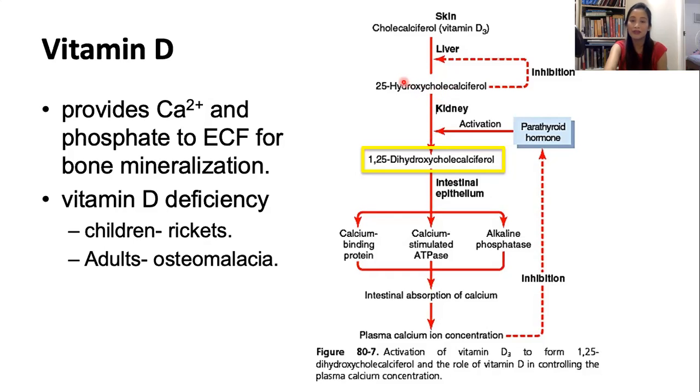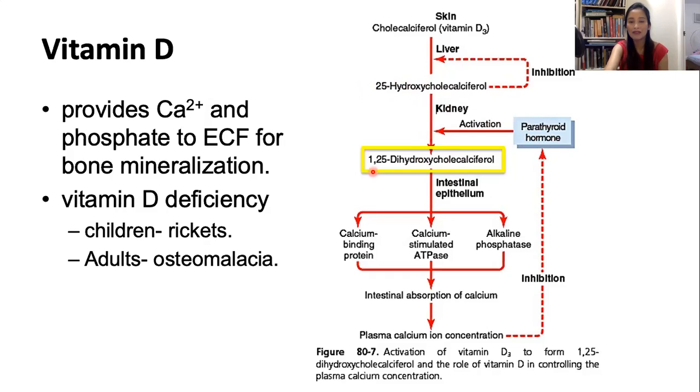It becomes 25-hydroxycholecalciferol through the action of 25-hydroxylase. And this is the major storage form of your vitamin D. Through the action of your parathyroid hormone, 25-hydroxycholecalciferol will be activated in the kidney to become 1,25-dihydroxycholecalciferol.